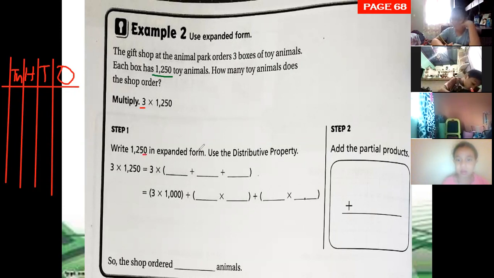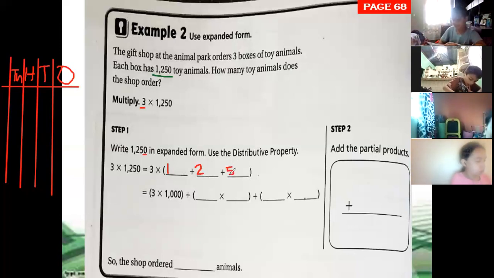What happened with zeros? We don't write it because that 0 is not gonna change our addition. So we don't write it. The first one is 1. The second one is 2. And the last one is 5.